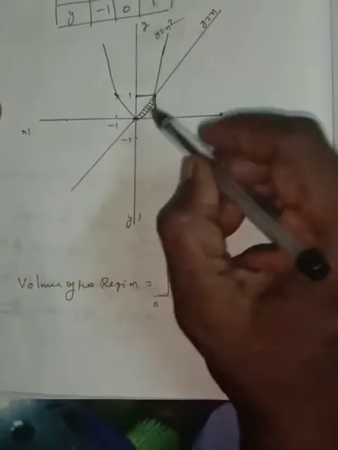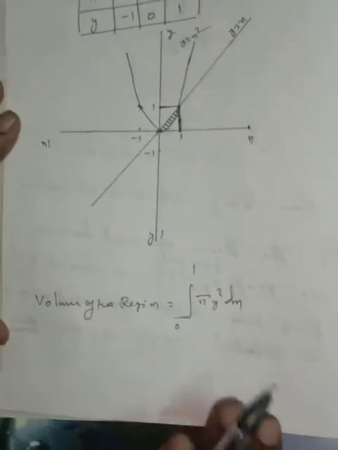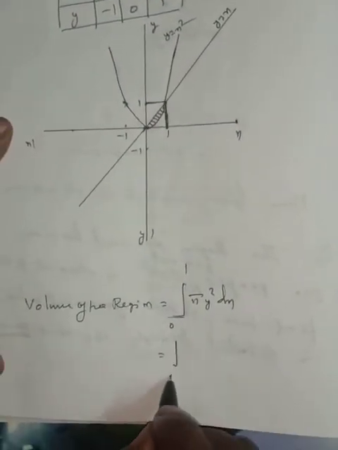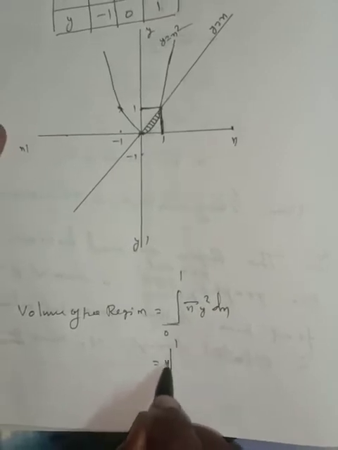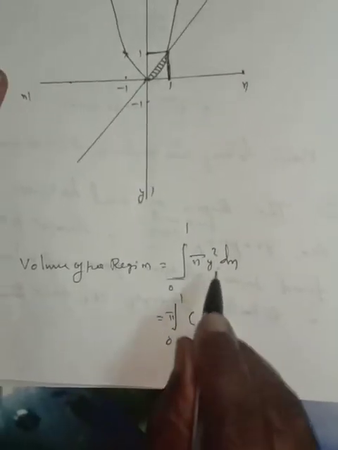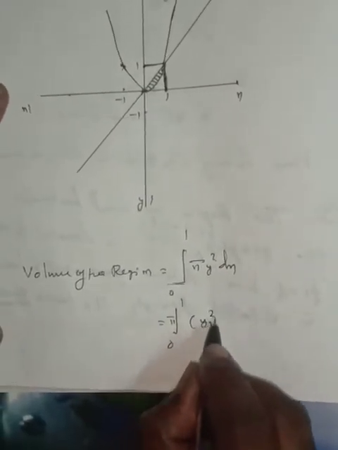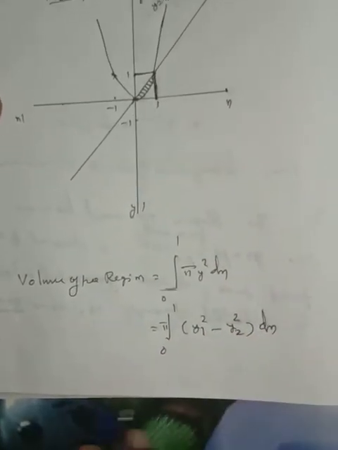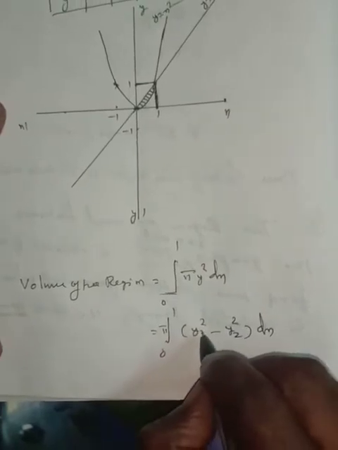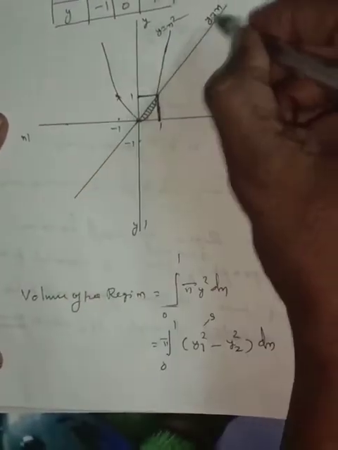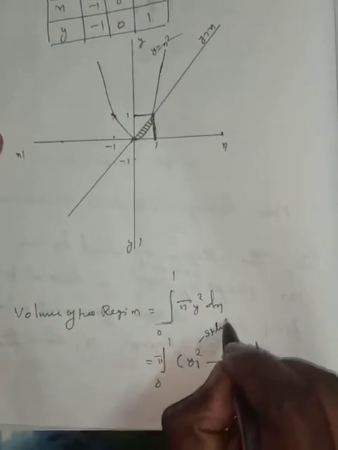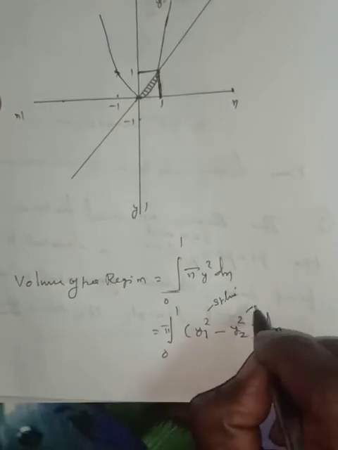But in this case the straight line is below the curve, therefore the limit is 0 to 1. Pi is a constant number. Y means y1 square minus y2 square into dx. But y1 is the straight line below the area, the straight line y is equal to x. Y2 is the curve.